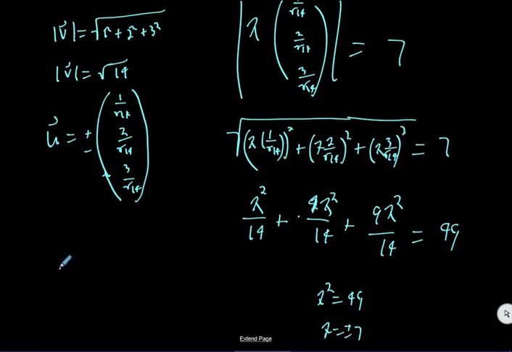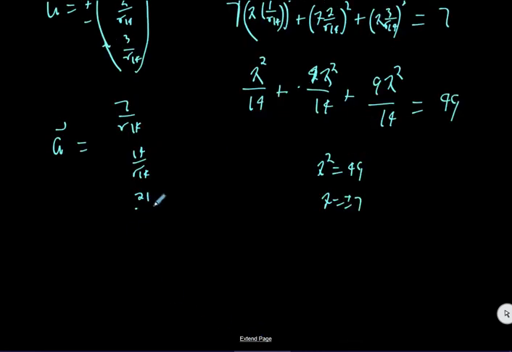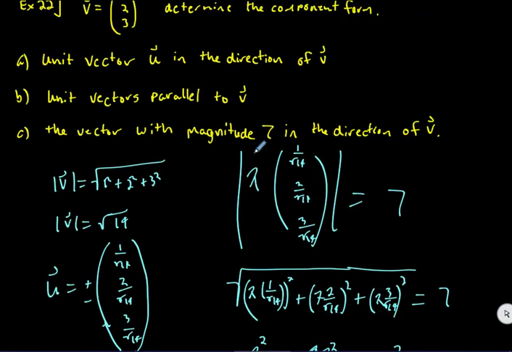If I call this vector a, it's going to be 7 over square root of 14, 14 over square root of 14, and 21 over square root of 14. This is the vector that will have magnitude 7 in the direction of vector v that we have there.